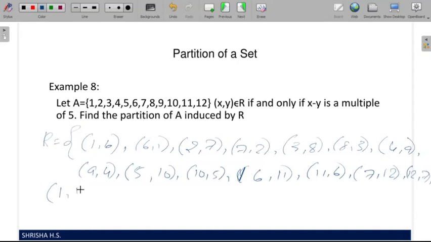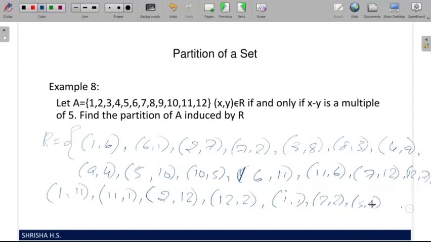So (1,11), (11,1). Next is (2,12), (12,2). Apart from that, (1,1), (2,2), (3,3), (4,4), till (12,12) will be there.